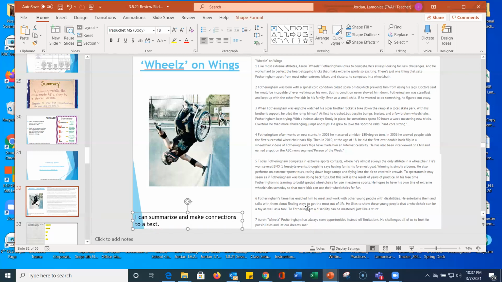He entertains them and talks with them about finding ways to get the most out of life. He likes to show these young people that a wheelchair can be a toy as well as a tool. To Fotheringham, a disability can be mastered just like a stunt. Aaron "Wheels" Fotheringham has always seen opportunities instead of limitations. He challenges all of us to look for possibilities and let our dreams soar.